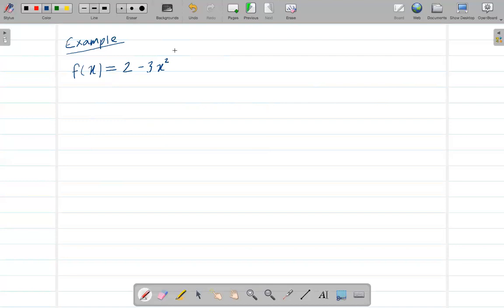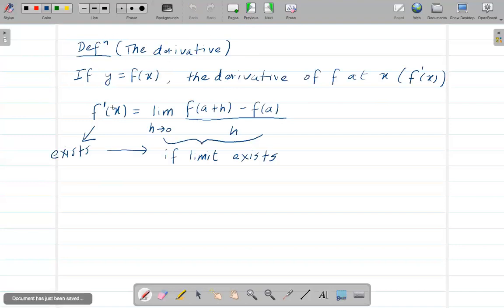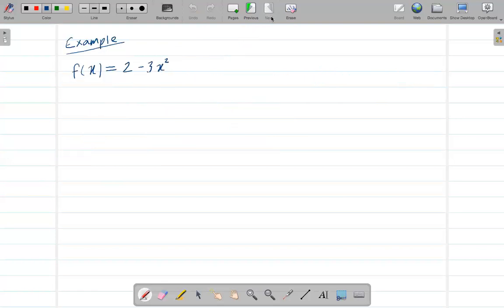All right, so 2 minus 3x squared. I want to take the derivative of this, so I want to find the value of the derivative, which means I want to find f prime of x.